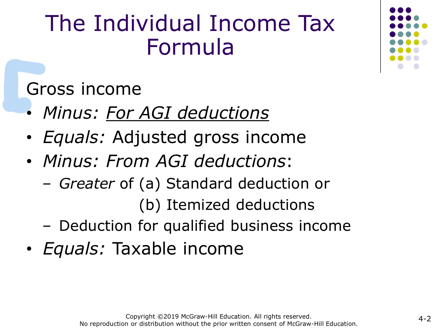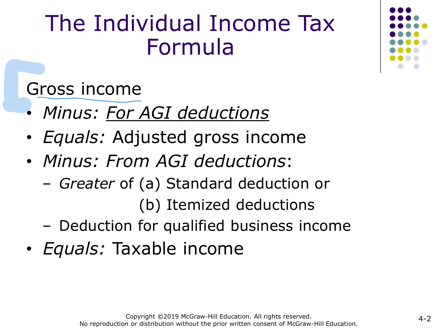So we start out with gross income, okay? Now, gross income is going to be income that is taxable income from all sources, okay? And then we're going to subtract out for AGI deductions, all right?